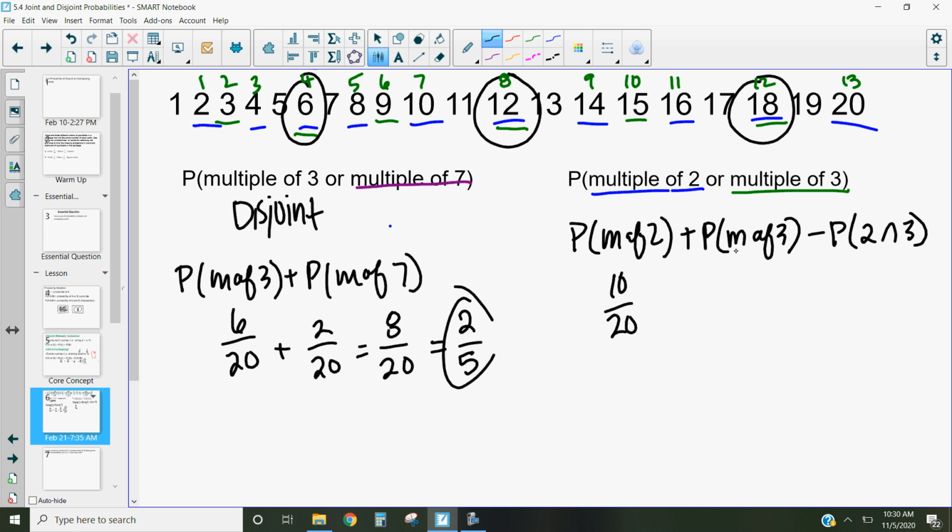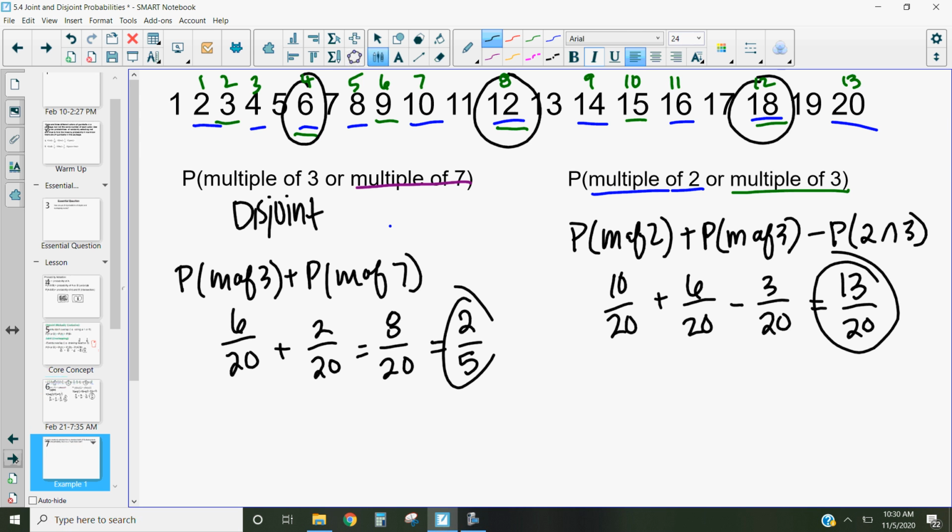The probability of getting a 3, well, we have 6 of those. And then we have 3 of them that overlap and are both. And so total, we have 13 out of 20 that fit there. And it's so important to make sure we take out those overlapping ones. Otherwise, we double count them and we actually see that we have 16 instead of 13.